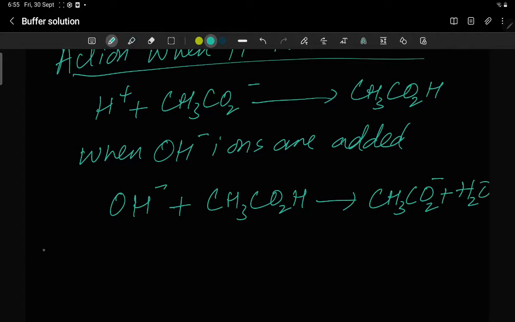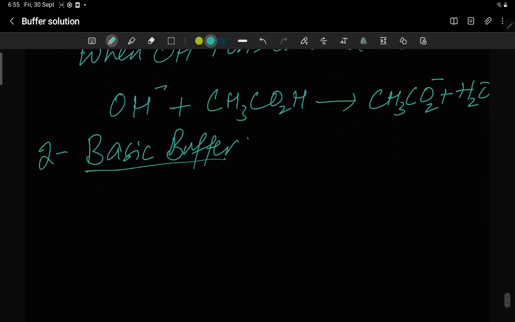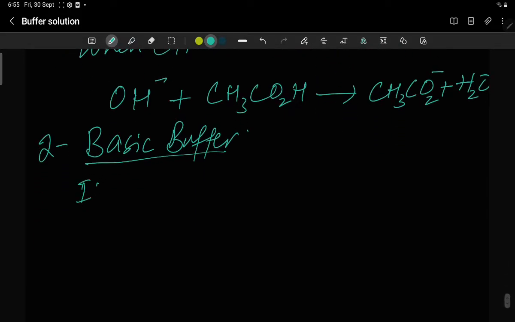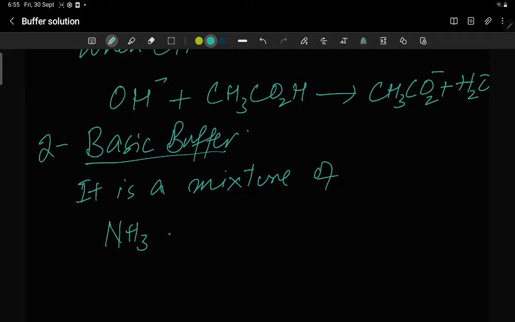So there is another type, that is the basic buffer. A basic buffer is a mixture of ammonia and ammonium salts.